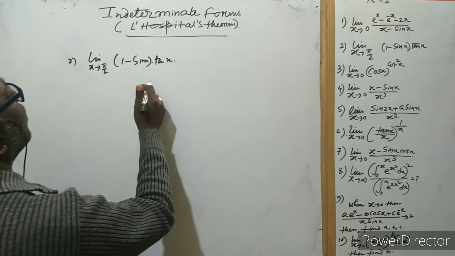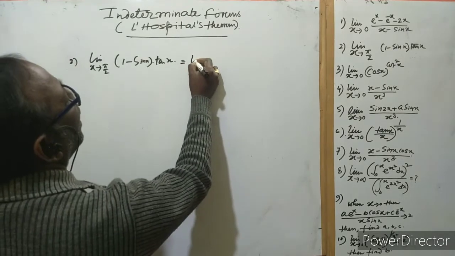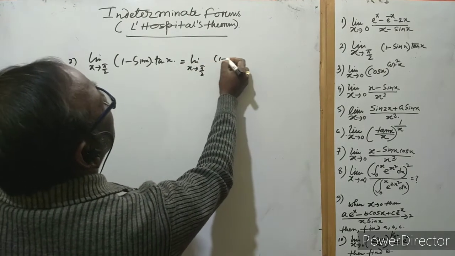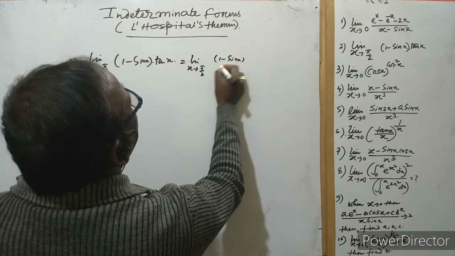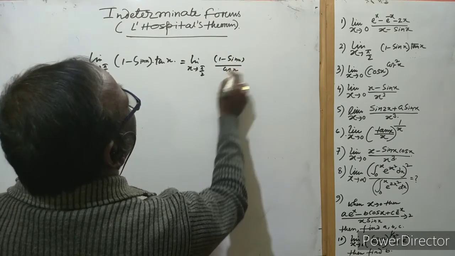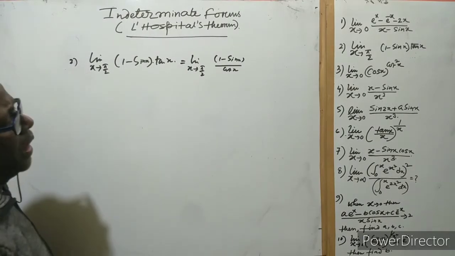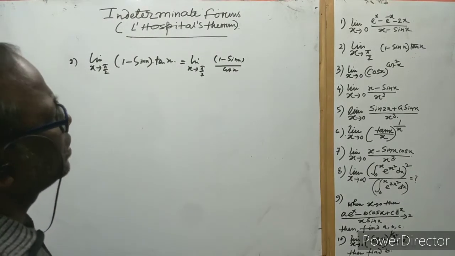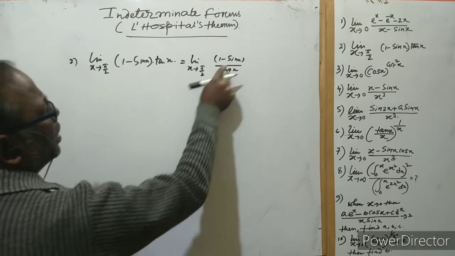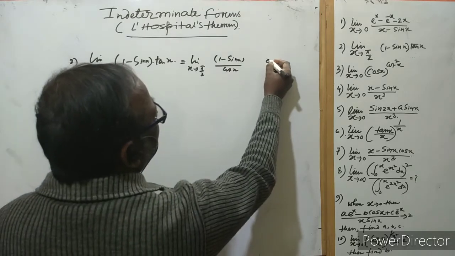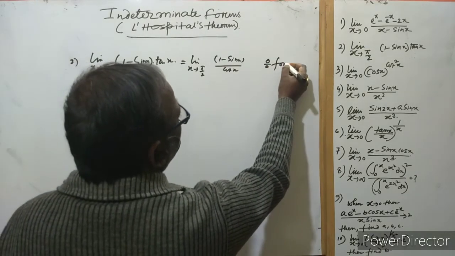But this is a 0 into infinity form, so we can't apply the rule directly. First we arrange it by writing cot instead of tan. If we put pi by 2, cot pi by 2 is 0, and sin 90 is 1, so 1 minus 1 is 0. So this is 0 by 0 form.